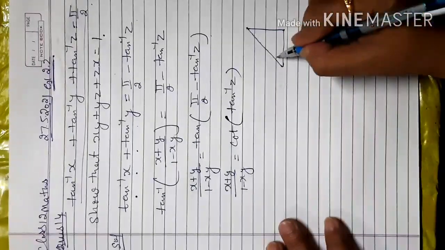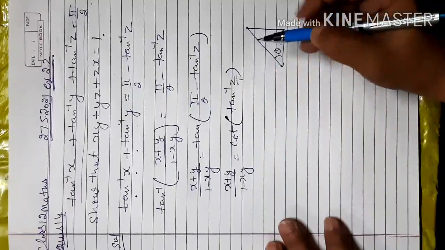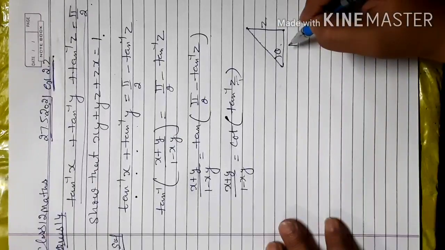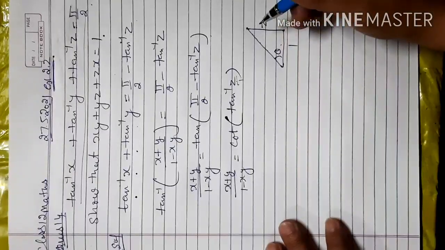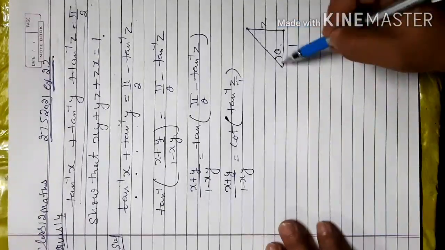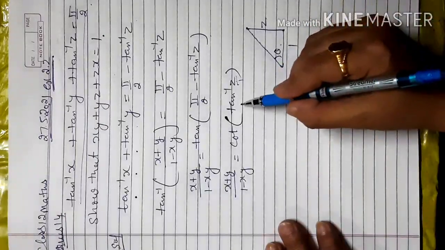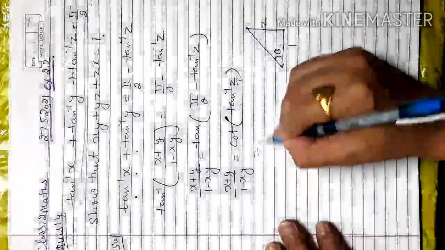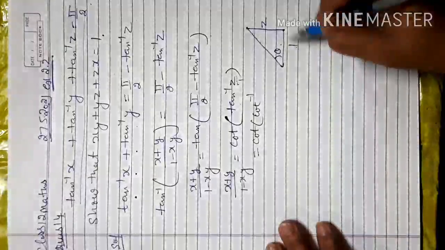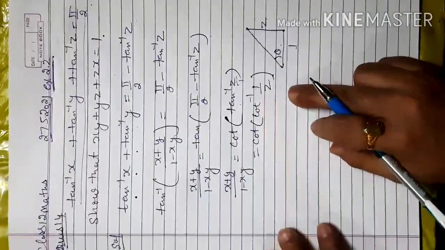If tan inverse z is equal to theta, this is perpendicular and this is base, so that is z upon 1. If you directly want to write cot inverse, you need not find the hypotenuse because that is a reciprocal of this one. So cot inverse will be base upon perpendicular, that is 1 by z. That is opposite to that.